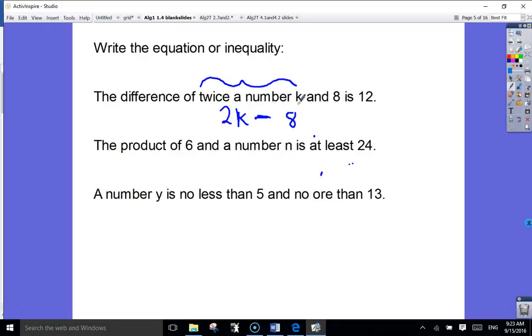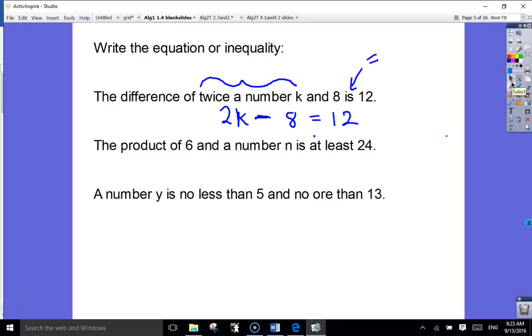So it's the difference of 2k and 8. 2k minus 8. How about the product of 6 and a number n? Oh, sorry, I didn't finish that first one. The difference of twice the number k and 8 is 12. What is that telling you? That's equals, right? That's equals. Like that. Okay, now try the next one.